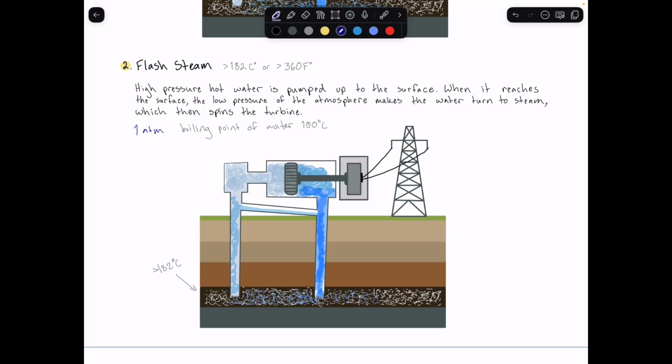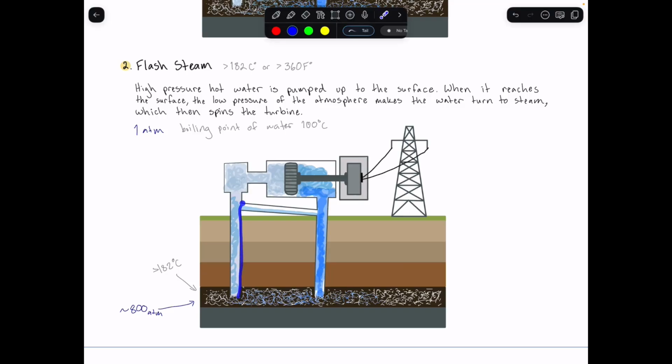But down here, when we're at around 3 kilometers underground, the pressure that this is under from all the rocks and dirt that are above it is about 800 atmospheres. So it's at much higher pressure underground. So water that is located underground, despite being 182 degrees Celsius, is still in a liquid form.